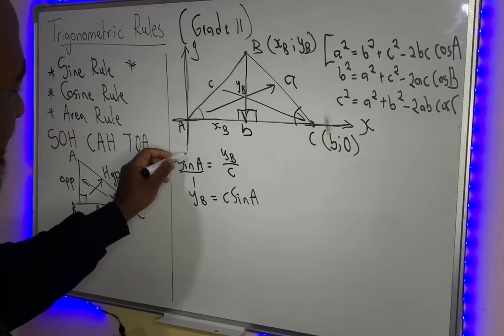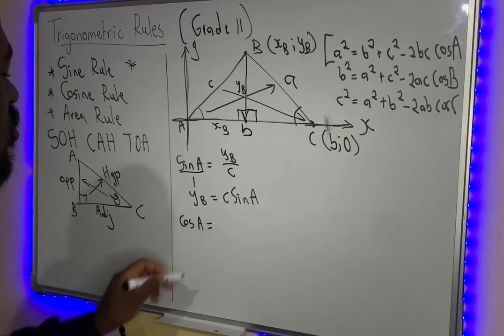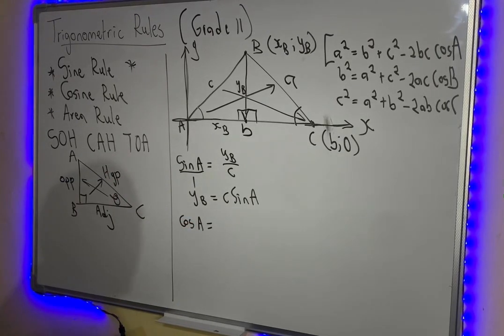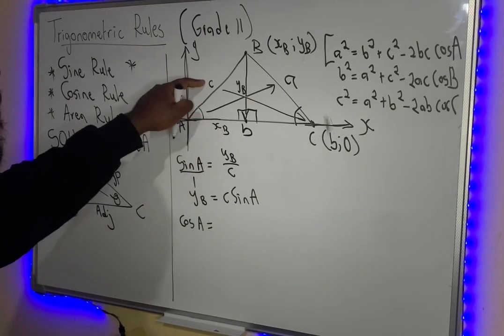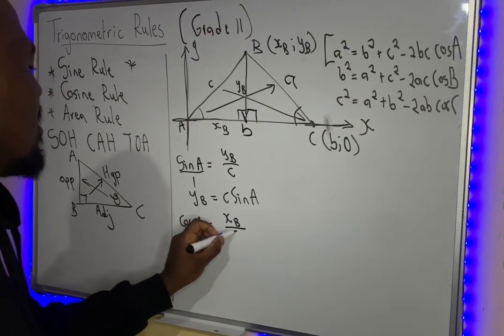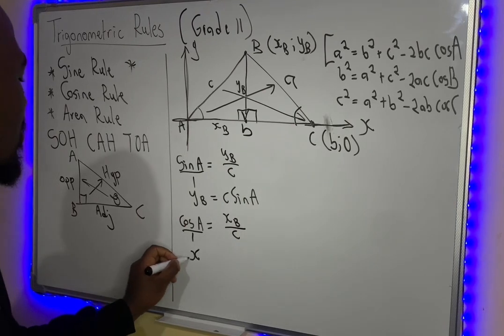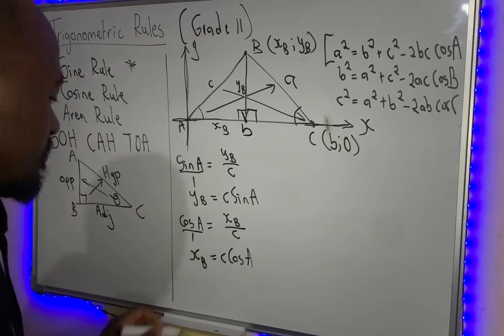After we are done finding sine A, we are looking for cos A now. Cos A is going to be equal to what? Cos A is going to be adjacent over hypotenuse side. And our adjacent is this over that one, which is going to be XB over C. Then we cross multiply, since this is over 1, we get XB as C cos A. Right.